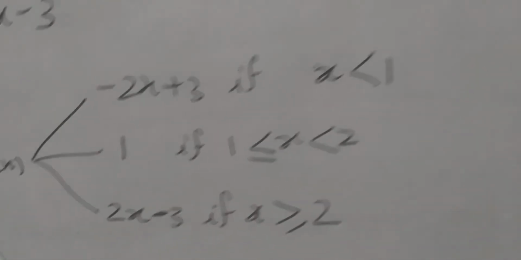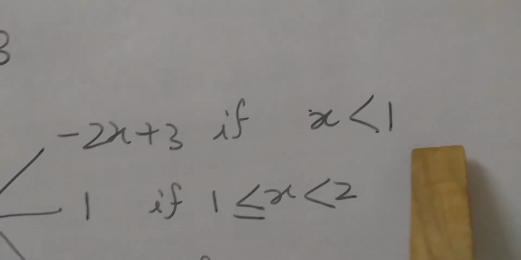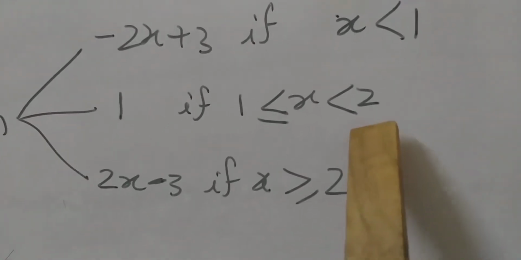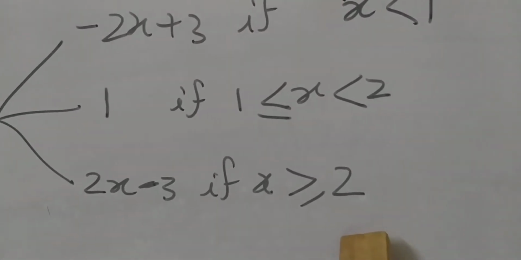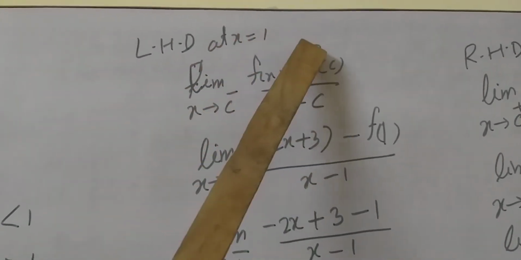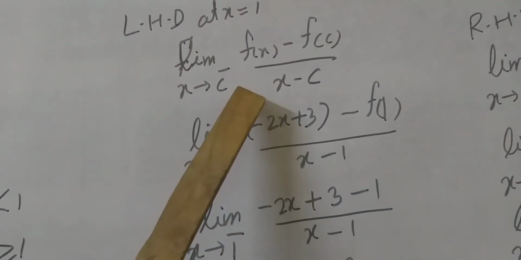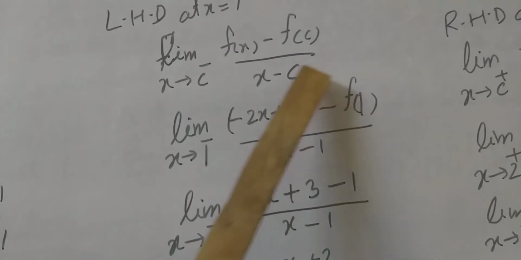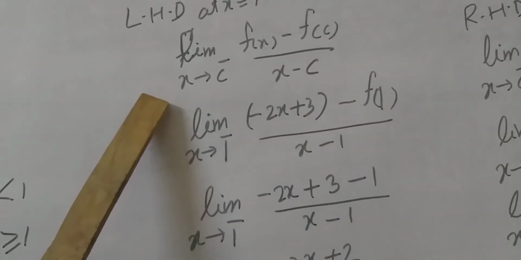Let us check differentiability first at 1, then at 2. LHD at x = 1: the limit as x tends to c from the left of (f(x) − f(c))/(x − c). This is the formula.